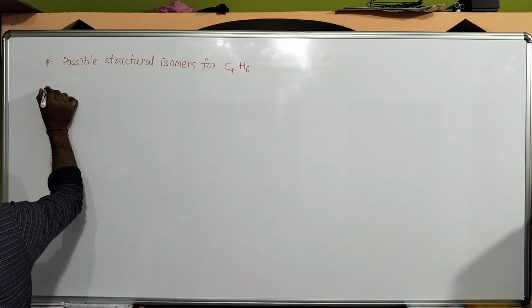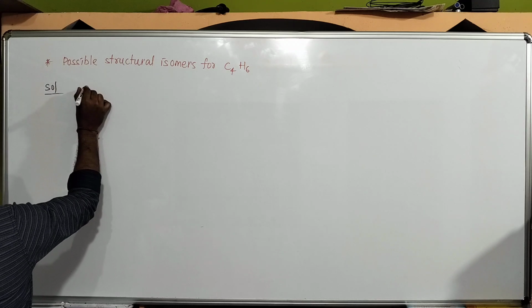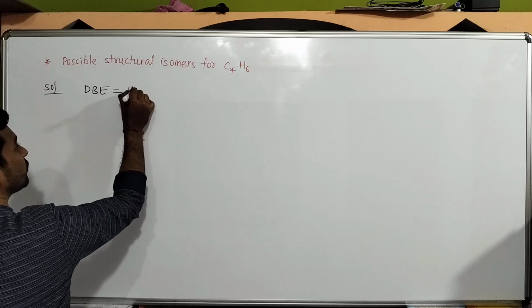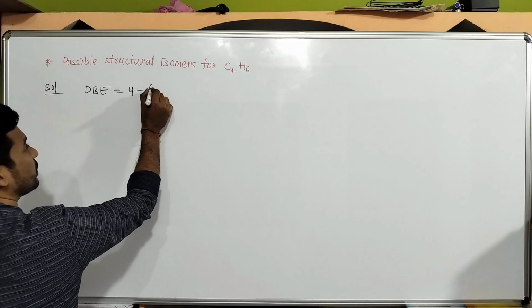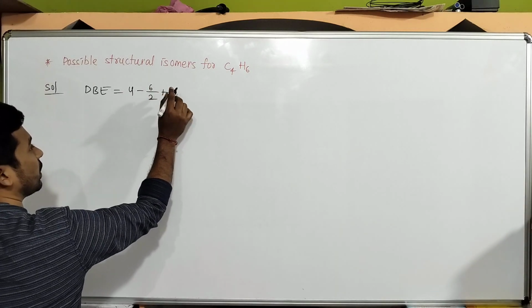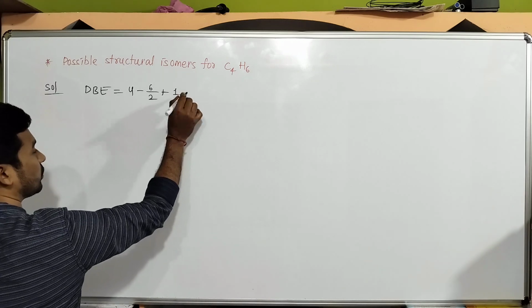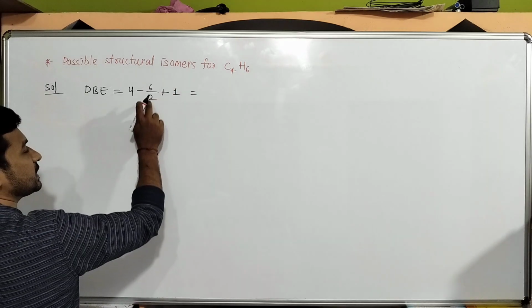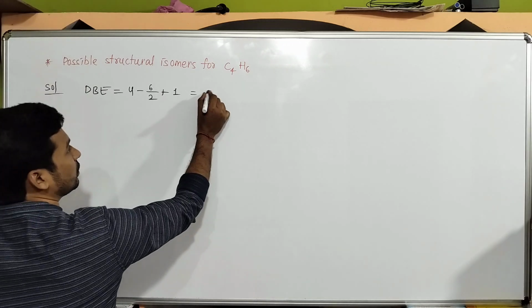So first we have to calculate DBE, double bond equivalence. Double bond equivalence is equal to number of carbon atoms 4 minus number of hydrogen atoms 6 by 2. Nitrogen atoms are absent, so leave it, plus 1. That is equal to what? 4 minus 3, that is 1. 1 plus 1 is equal to 2.